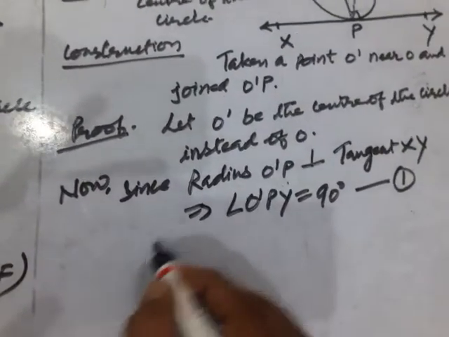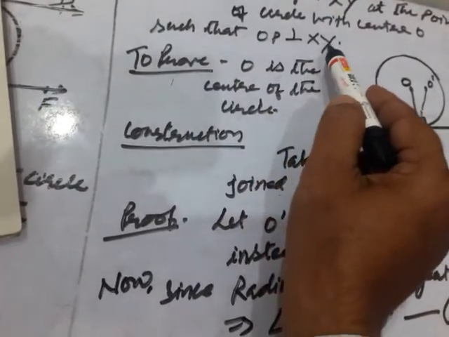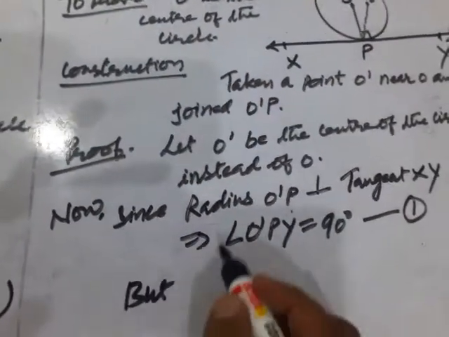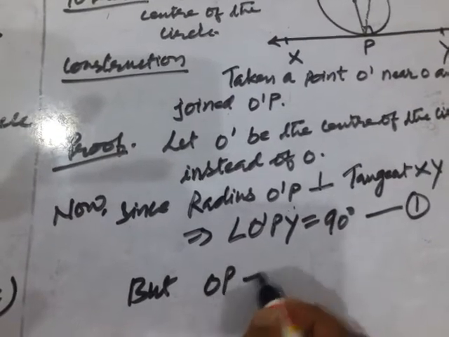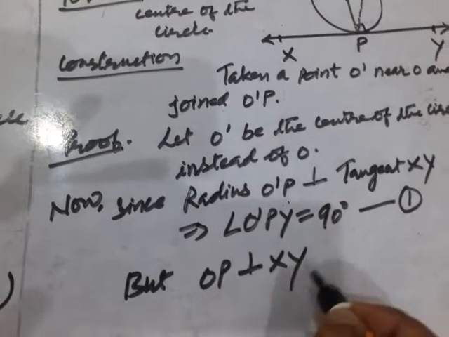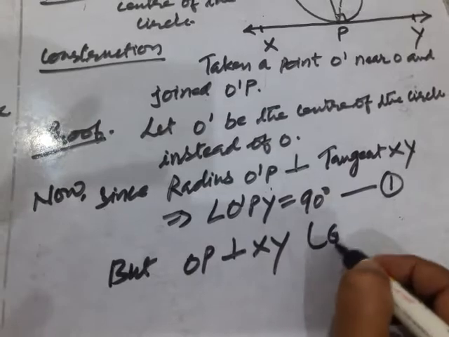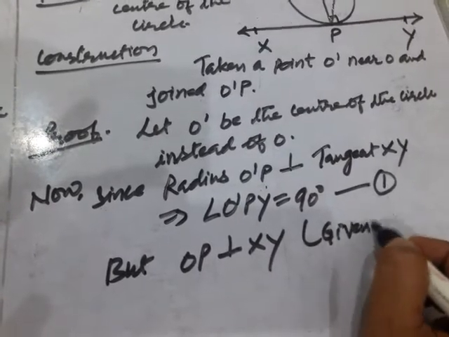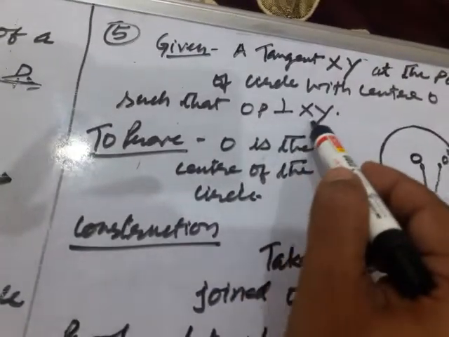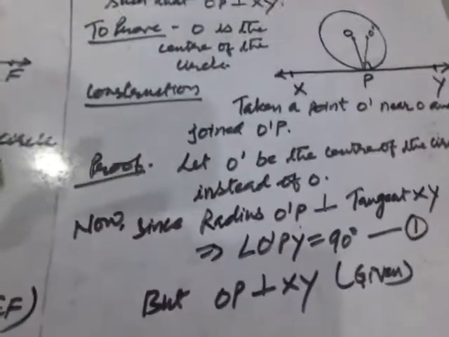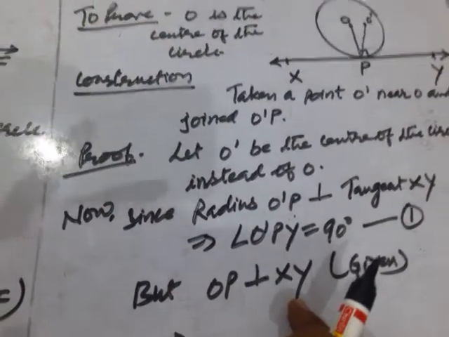Okay, now but what is given? It is given in the question that OP is perpendicular to XY. This implies that OP is perpendicular to XY.